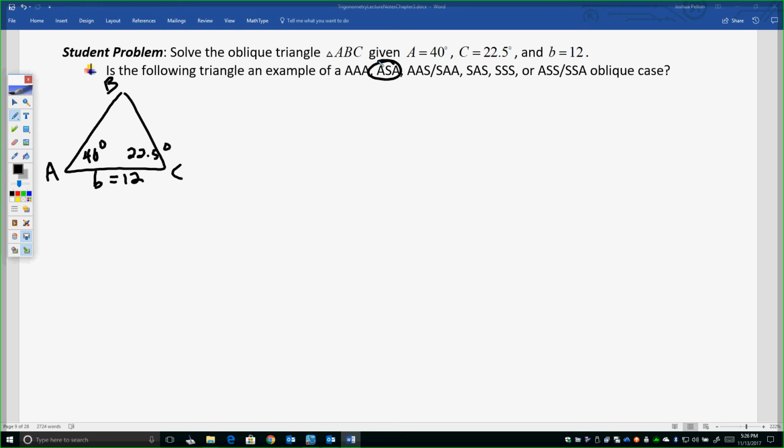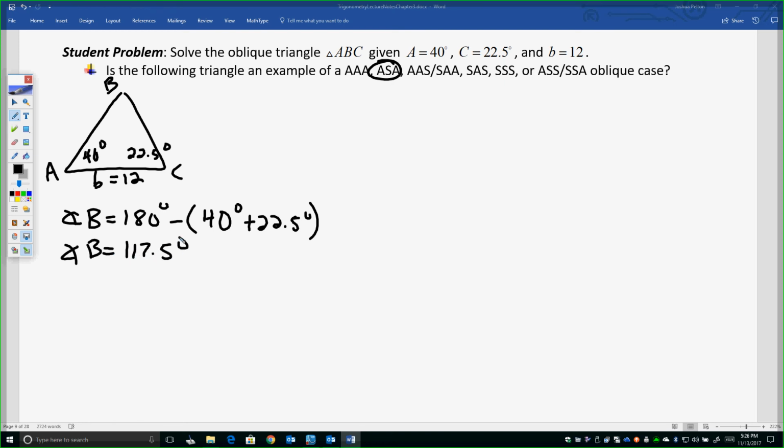So we can find the angle B by doing our simple math for the triangle angle theorem. Angle B is 180 degrees minus the 40 plus 22.5, so angle B would be 117.5, right?